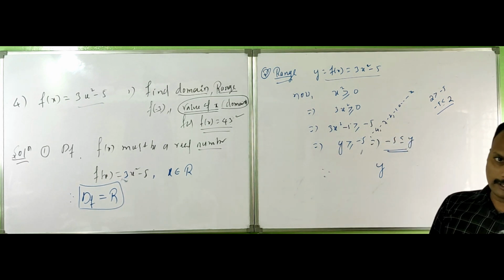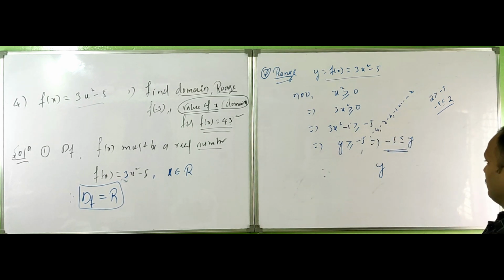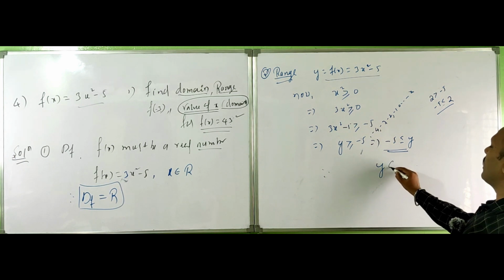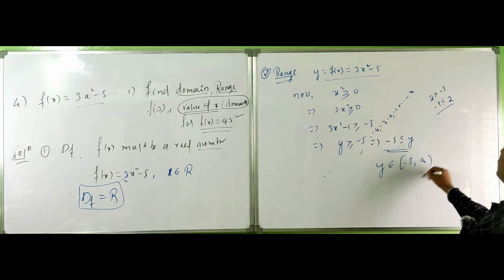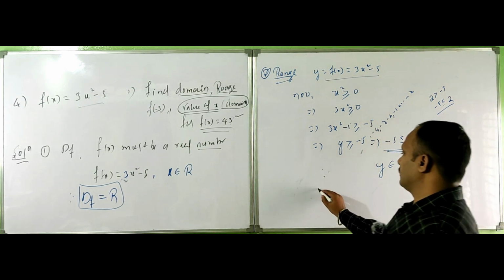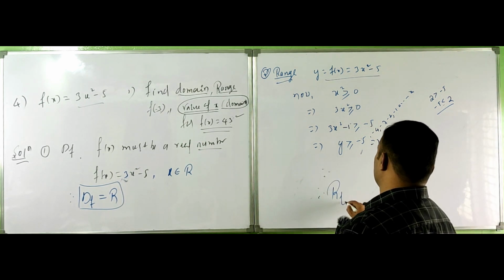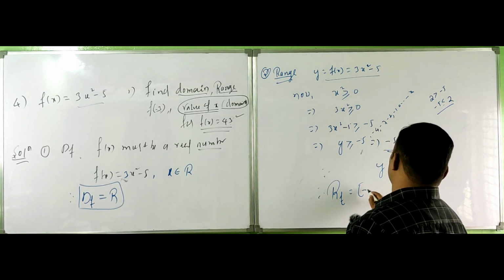Minus 5 is the least number. Therefore, y belongs to minus 5 to infinity, and the range of f is minus 5 to infinity.